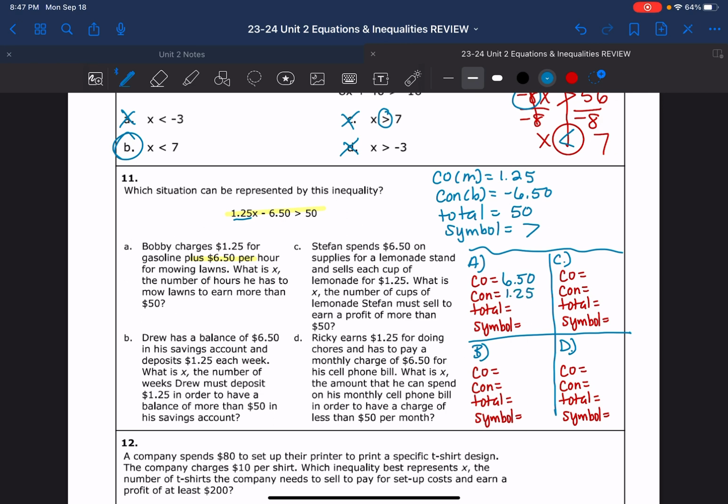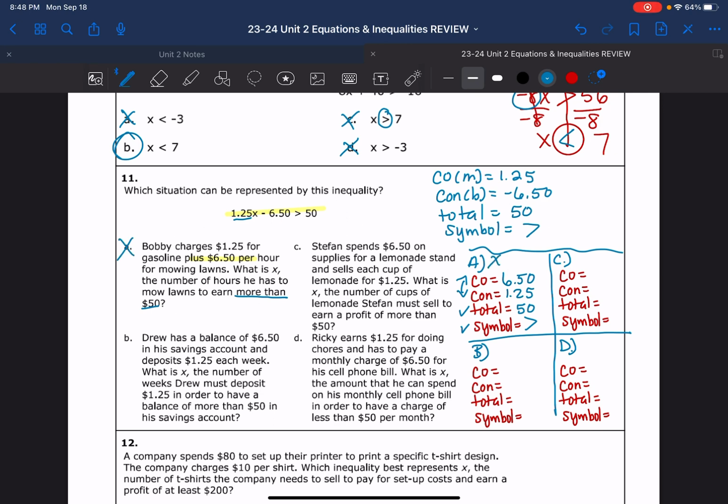So that's my constant, and it wants to know how many hours he has to mow lawns to earn more than 50. Okay, so more than is a symbol, and then 50 is the total. So this seems to be right, and this seems to be right. But here, these two have switched spots. The coefficient is not 6.25, but 1.25. So A is not our answer.